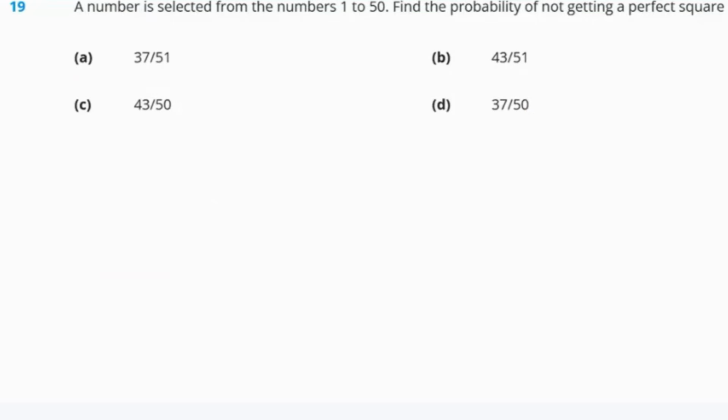Next question is question number 19, and that is saying a number is selected from the numbers 1 to 50. Find the probability of not getting a perfect square. So from numbers 1 to 50, how many numbers are perfect squares?